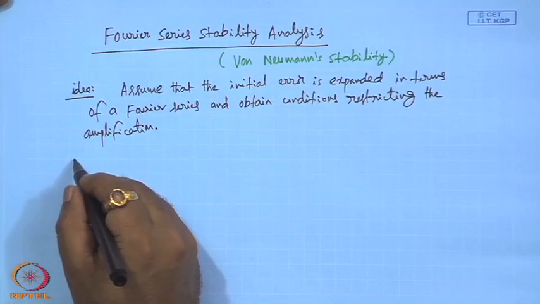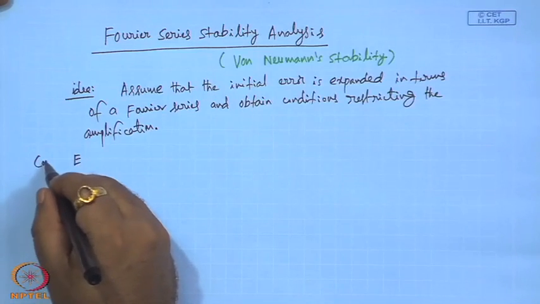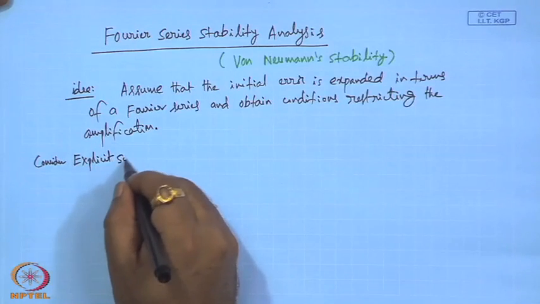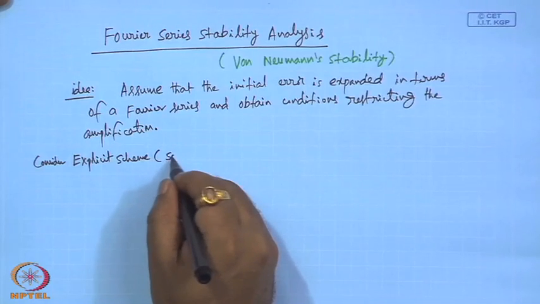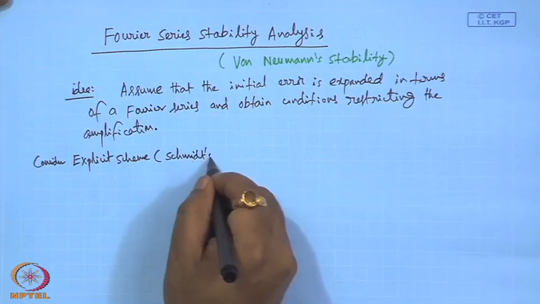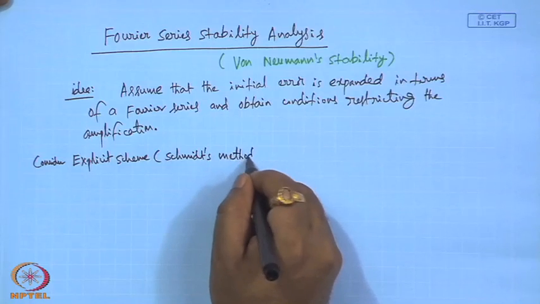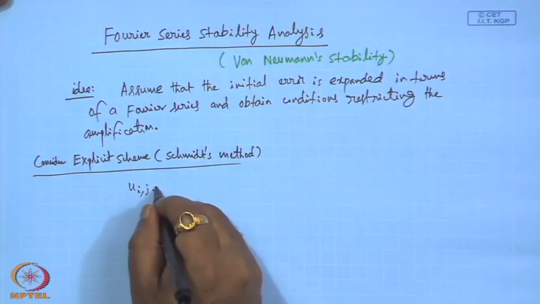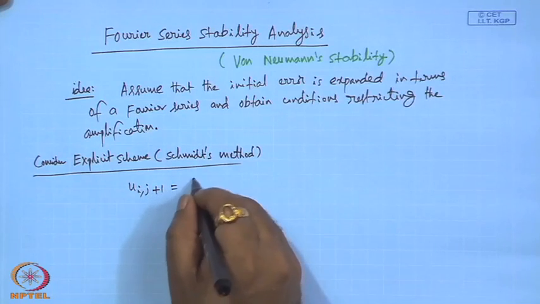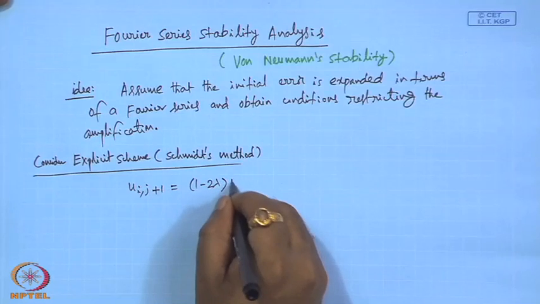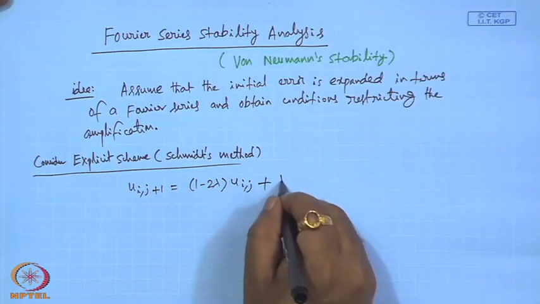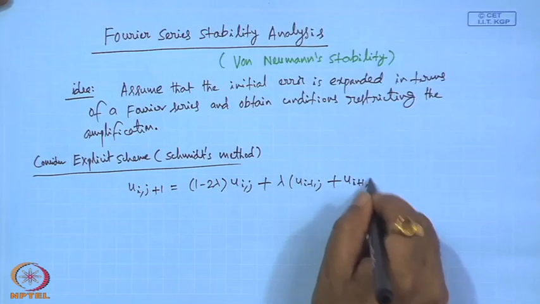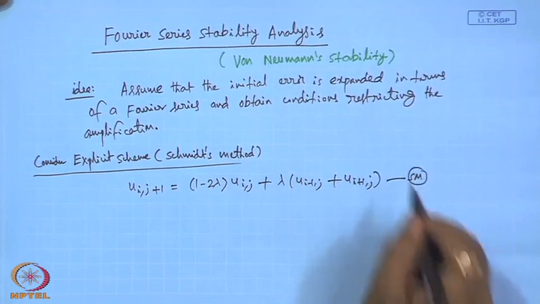So, consider an explicit scheme, which is Schmidt's method, u i, j plus 1 and so on.